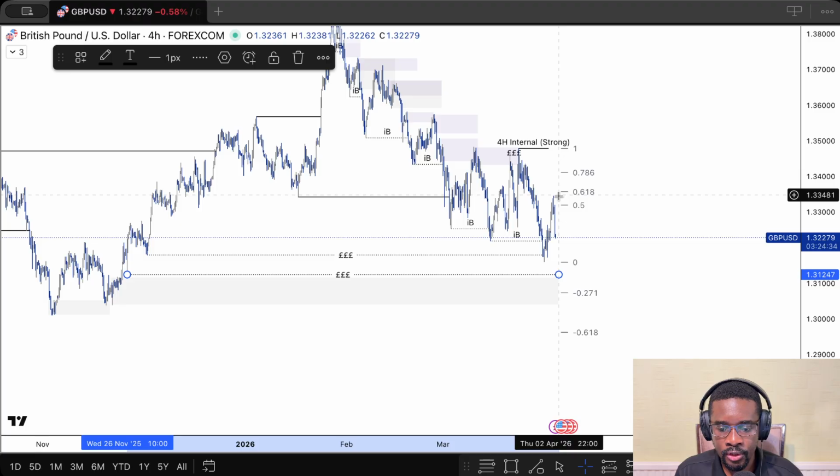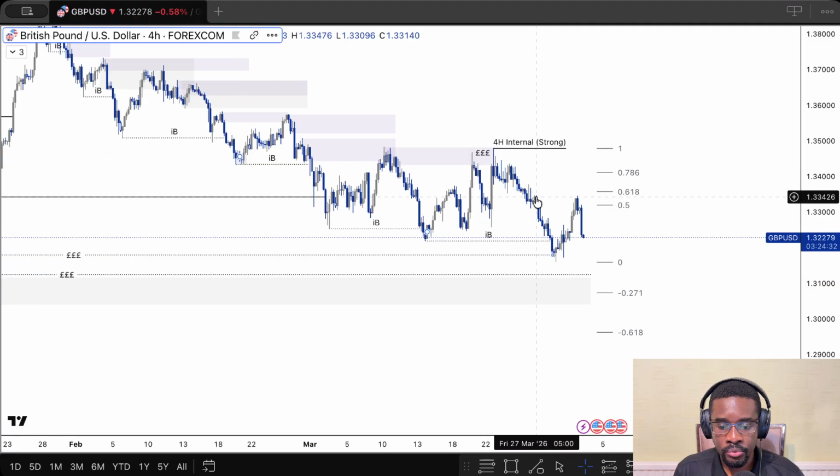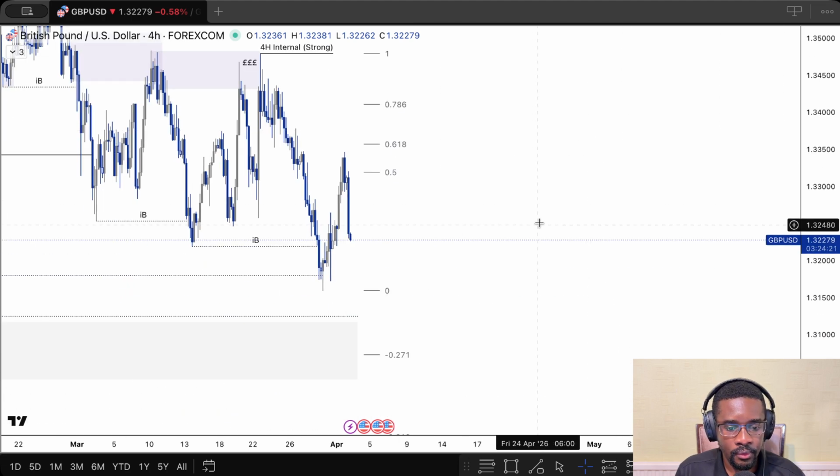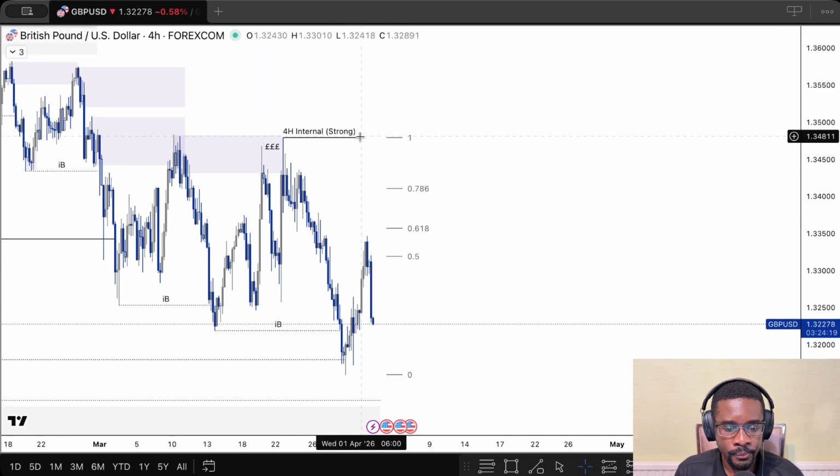This one was taken, price pushed up. That was necessary for price to make the pullback. We've pulled back into premium. Okay, so we pull back into premium.